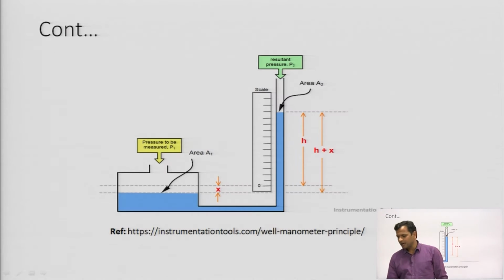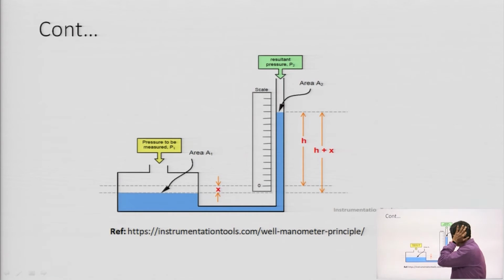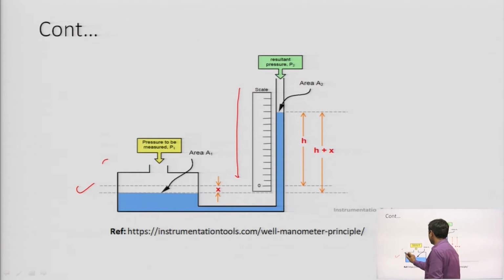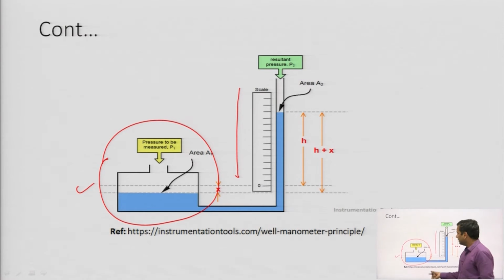In the diagram, you can see that we have two parts: one vertical column, and another column that is well shaped. That is why one part of the Weld type manometer is in the form of a well, and why it is called a Weld type manometer.